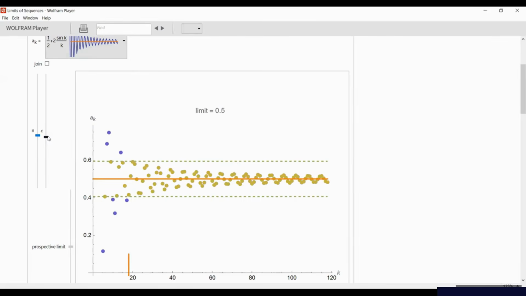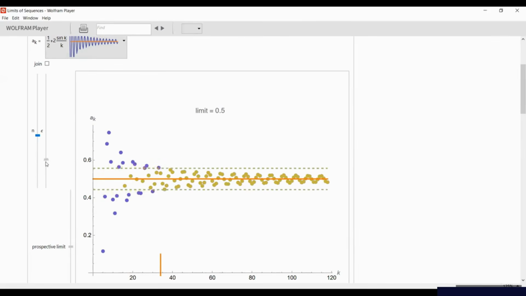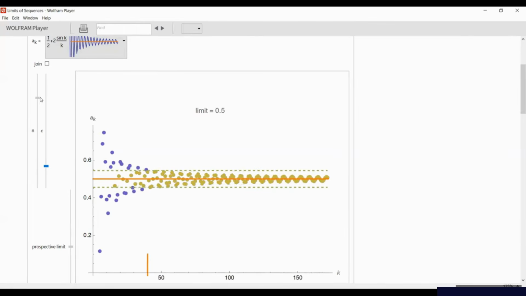If I still reduce this epsilon value, you will still find some other kth number. After the 40th term now, all the numbers in the sequence are in between L minus epsilon and L plus epsilon, right? Even if you take more values for n, you're still getting the same thing.